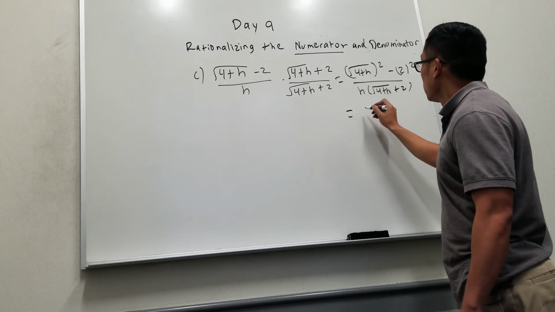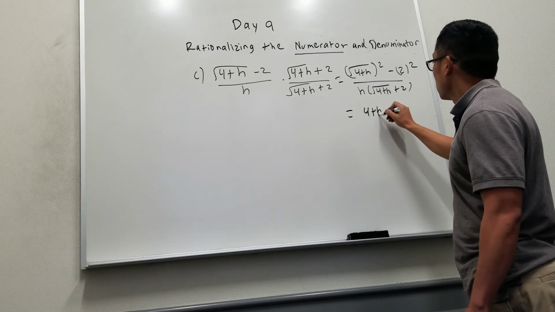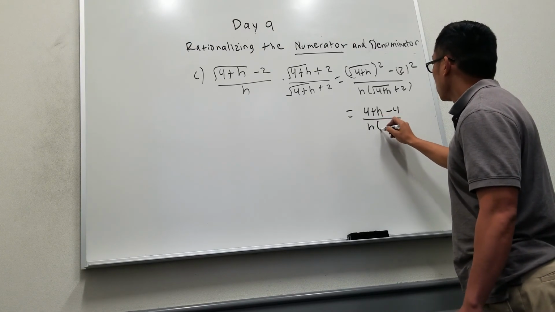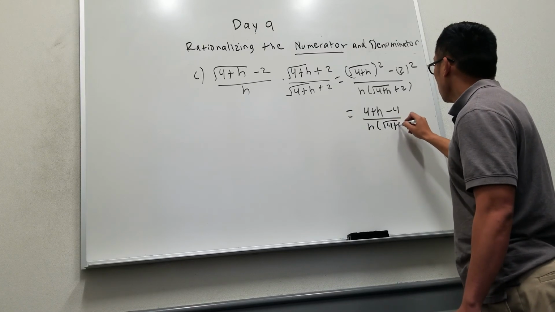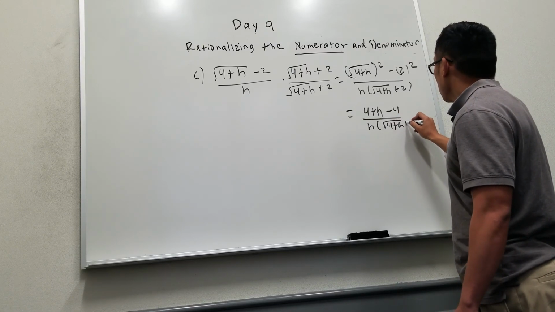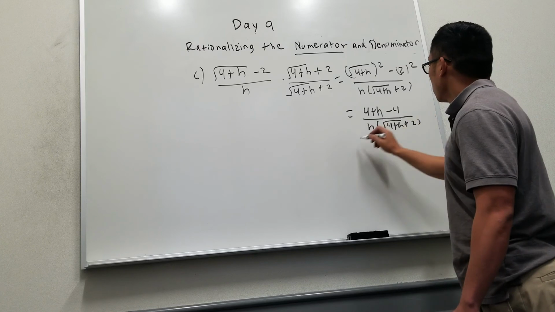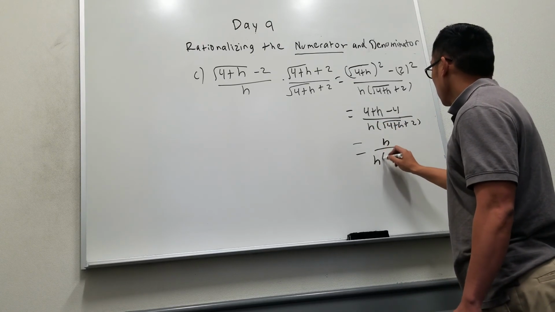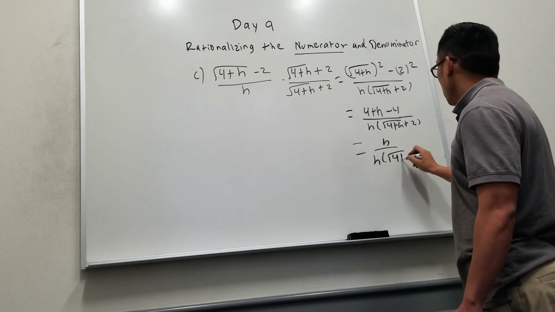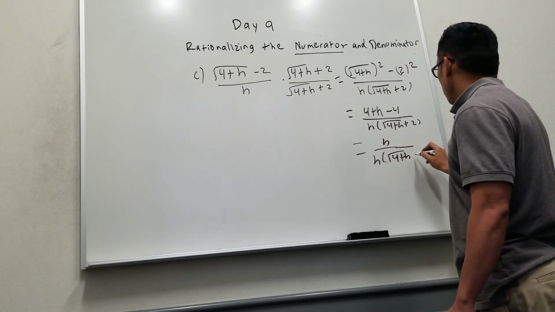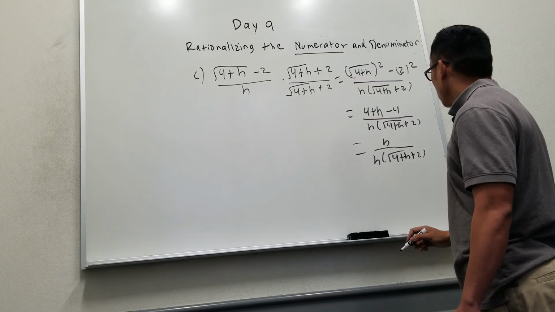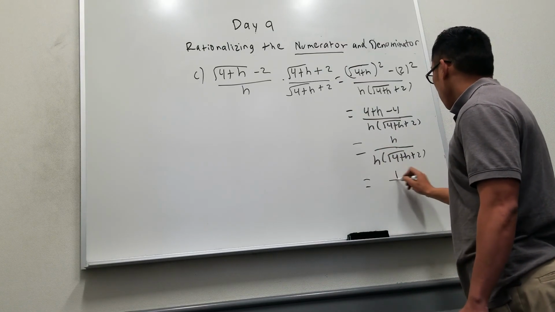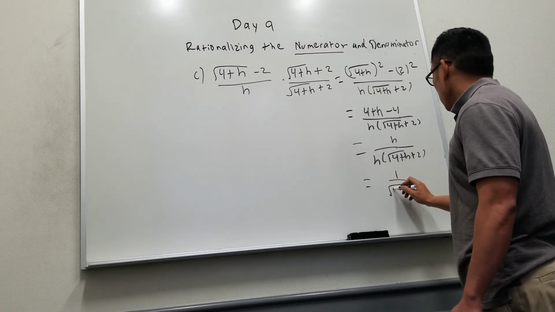Now this is just going to be 4 plus h minus 4, all over h times radical 4 plus h plus 2. Then you cancel the 4, so you have h over h times radical 4 plus h plus 2. I'm doing it step by step so you guys can see it.